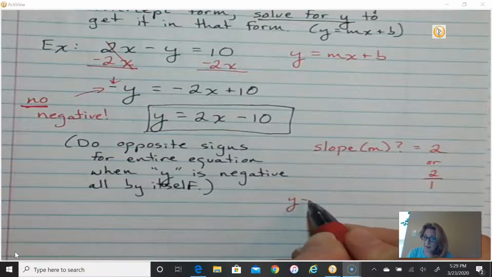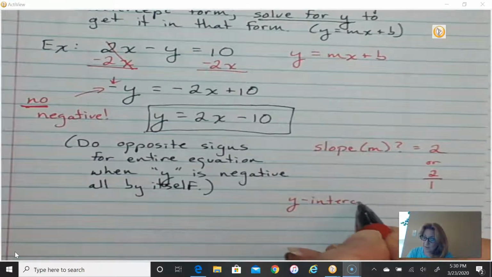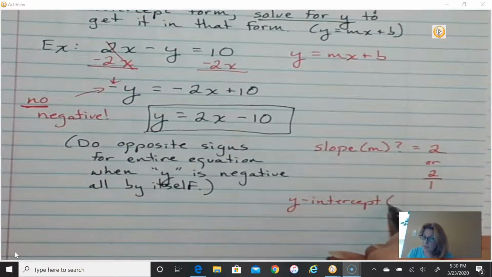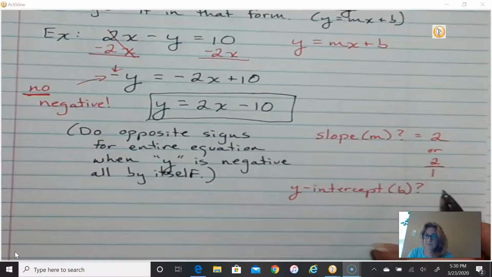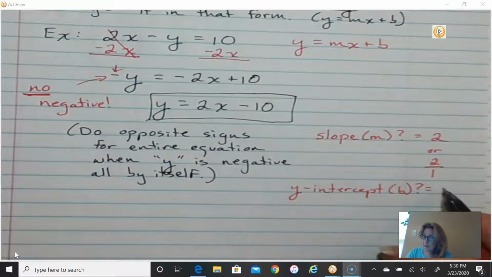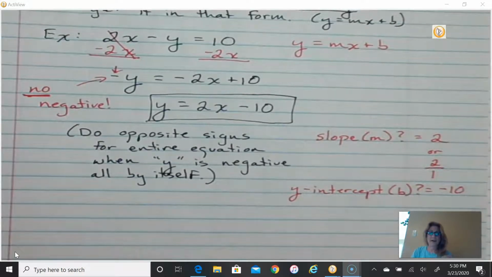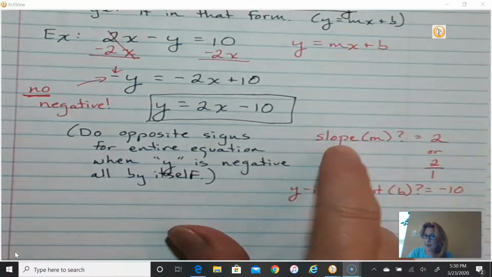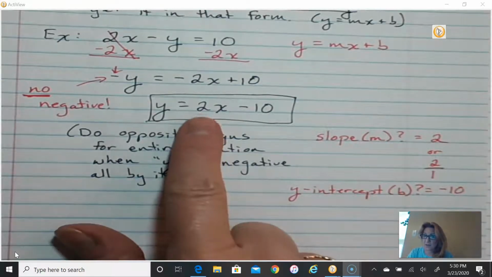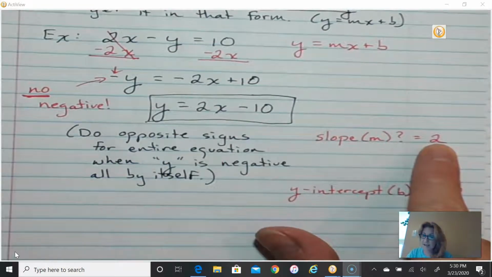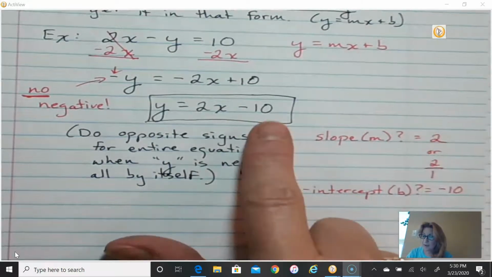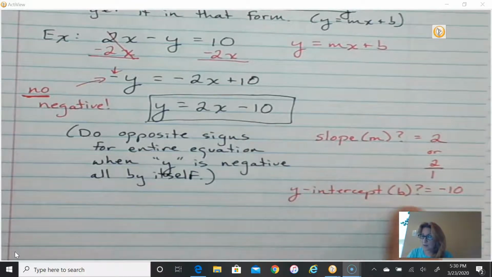What is the y-intercept, which is b? It's negative 10. Okay? You have to be able to identify the slope and the y-intercept. That 2 is the slope, not 2x. That negative 10 is your y-intercept.